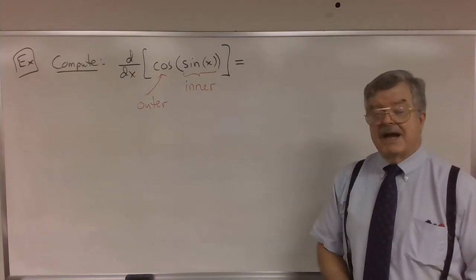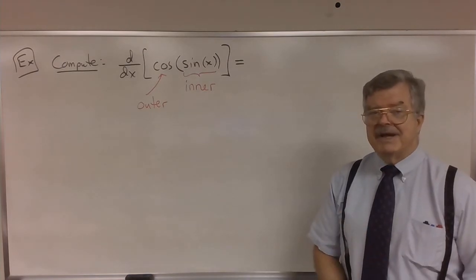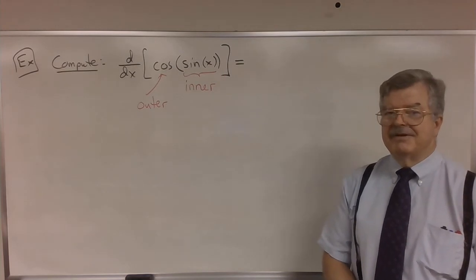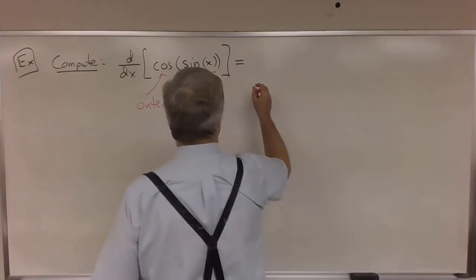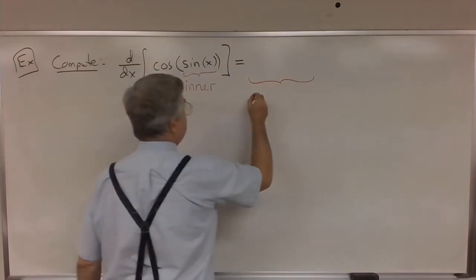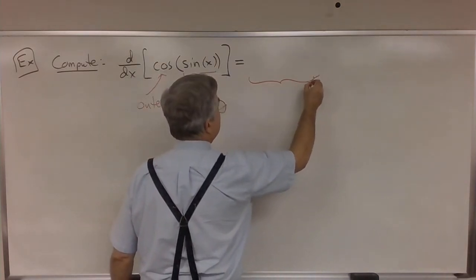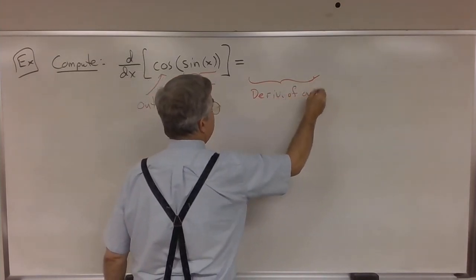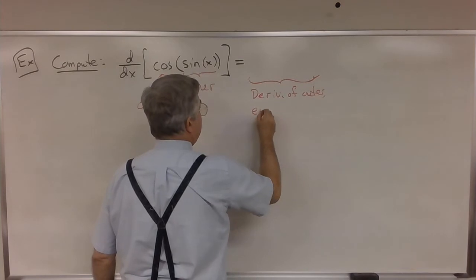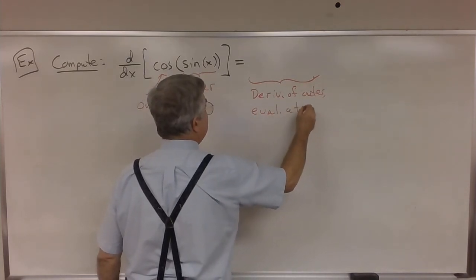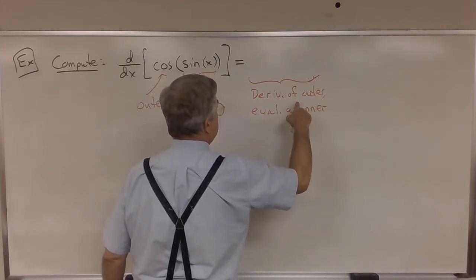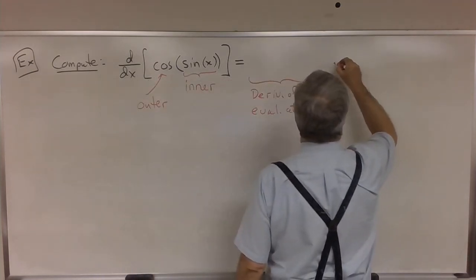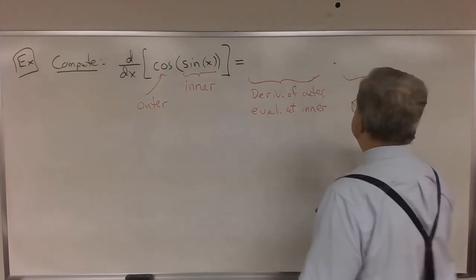The derivative of the outer evaluated at the inner times the derivative of the inner. So let's write down what we're supposed to get. Derivative of the outer evaluated at the inner times the derivative of the inner.